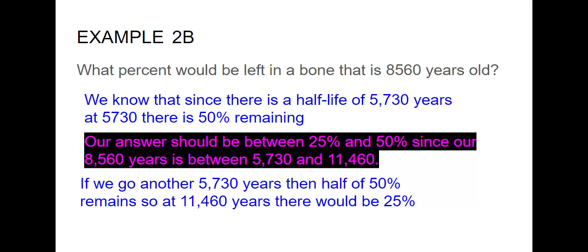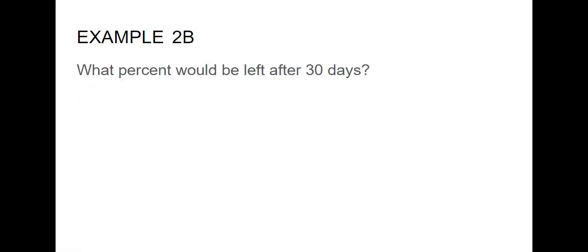And it should be pretty close to halfway in between those two, because 8,560 is about 3,000 away from the 5,730, and it's also about 3,000 away from the 11,460. So around 37% would be a reasonable estimate. So you can do some estimating, but let's go ahead and do the algebra part.